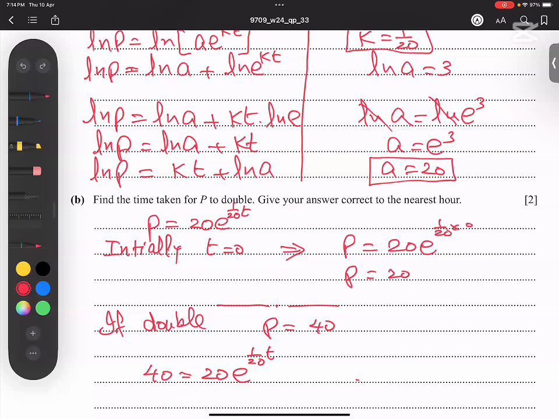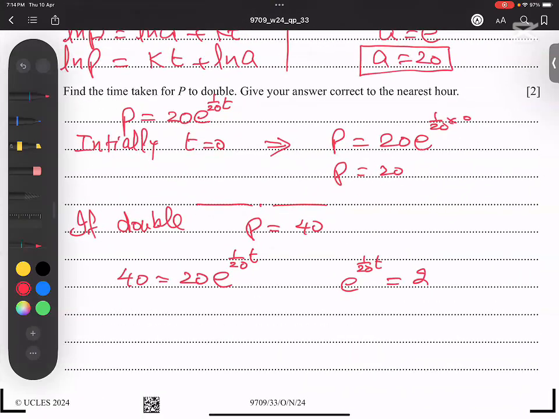And e to the power 1 over 20 t is equal to 2. How to bring the power down? Take a log of both sides. Wait a minute, students, better to write it here in sequence. So take a logarithm of both sides.